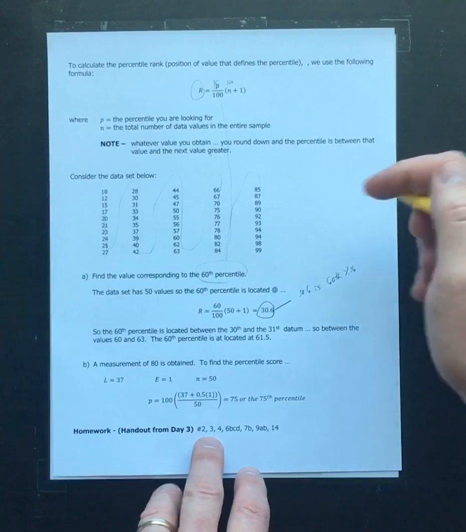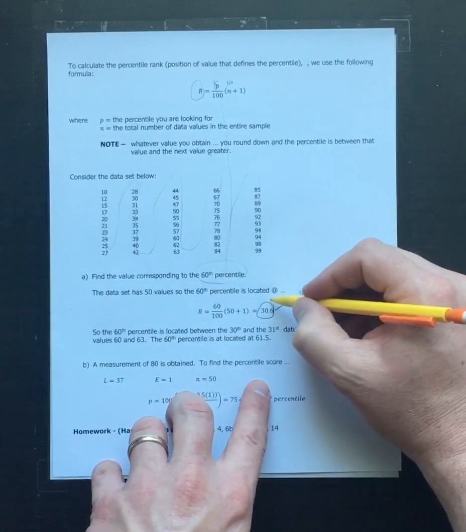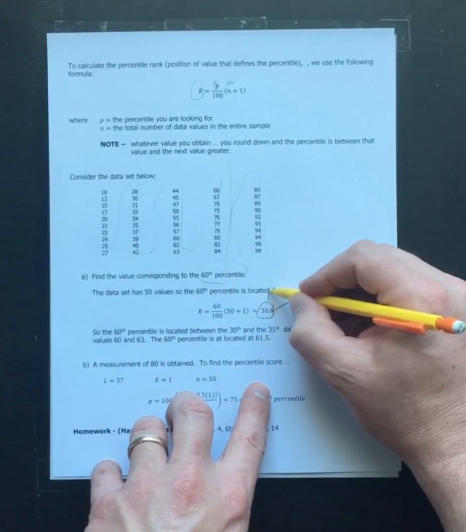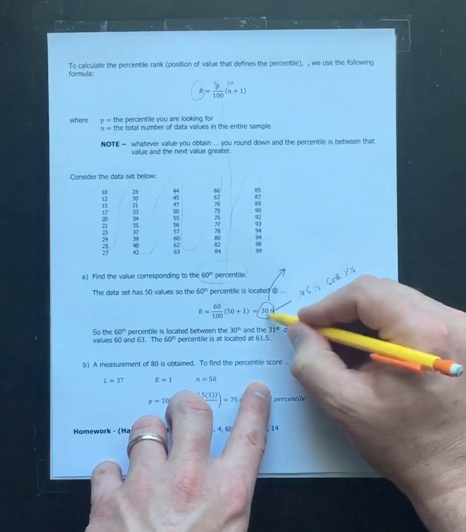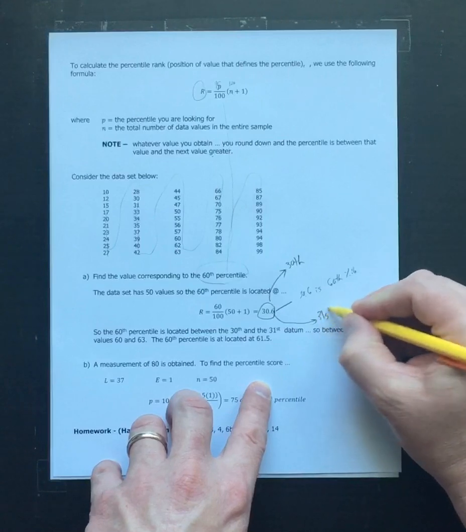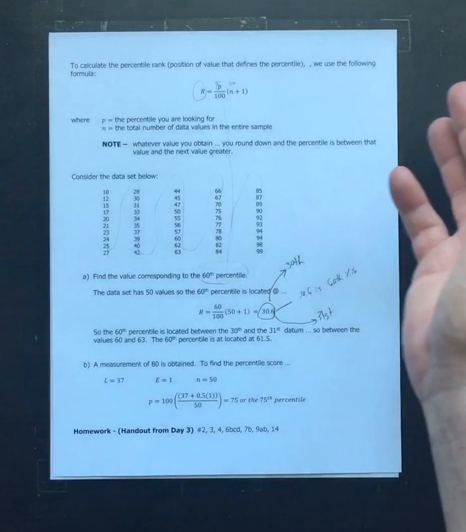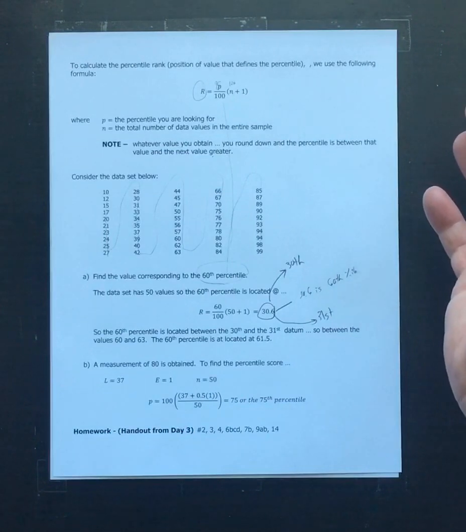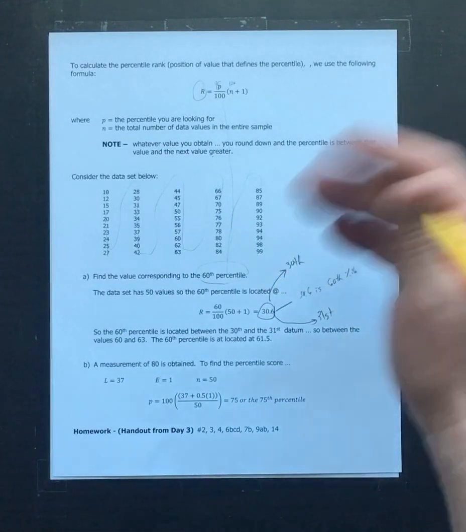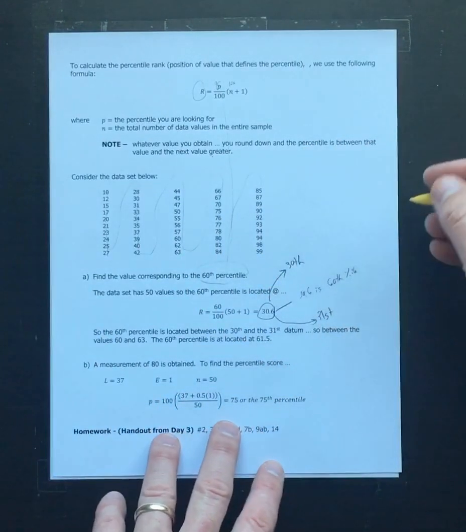Sorry, not a score. That's the rank, percentile rank. So the 60th percentile is located between the 30th and 31st datum. Notice how it's a 30.6. That means it's between the 30th and the 31st, which does make sense because we have 50 data points, and 60% of 50 is 30. But anyway, this formula does it a little bit more telltale for you.